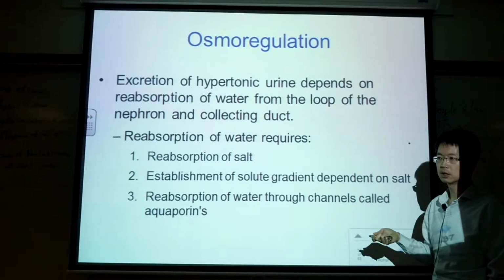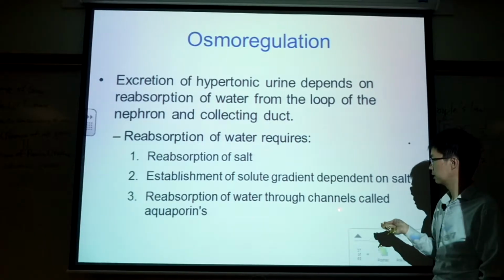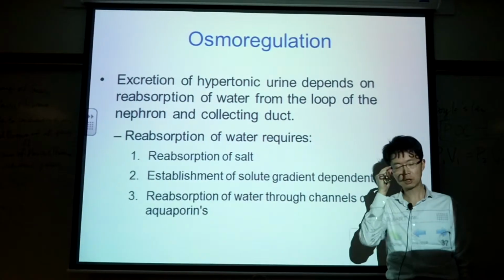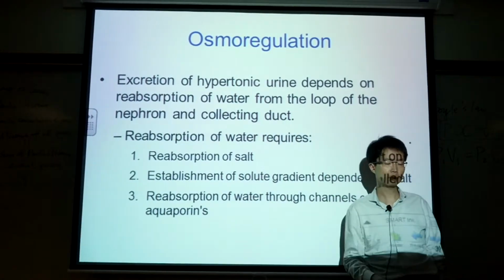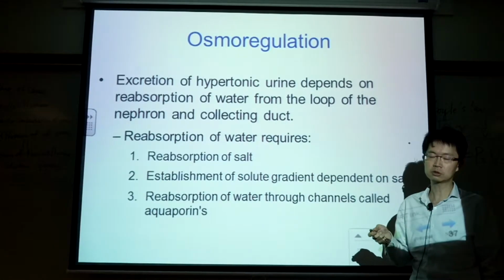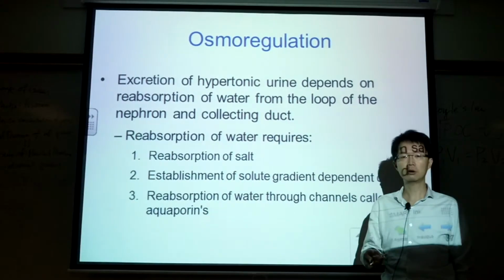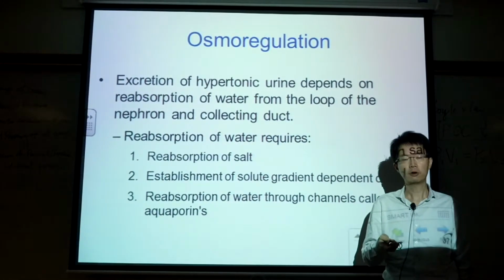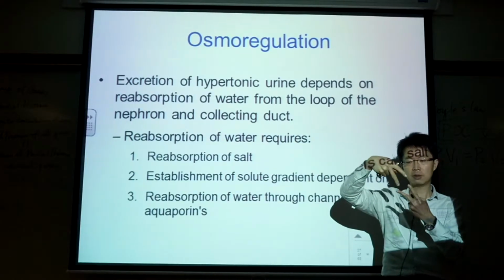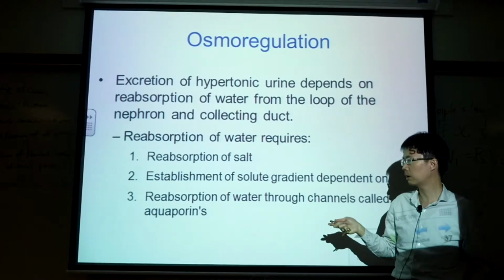But of course, for osmosis, you also need a protein channel. The channel is called aquaporin. So we always said that water goes through a selectively permeable membrane by osmosis, but actually water does not go through the membrane per se. Because remember, all cell membranes are phospholipid bilayers. So the lipid tails inside the membrane will repel the polar molecule, water.